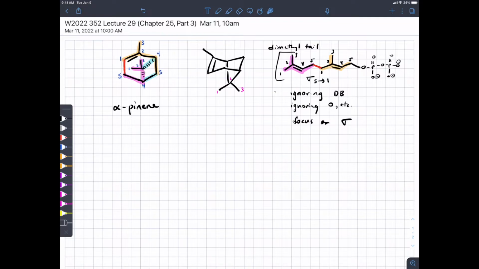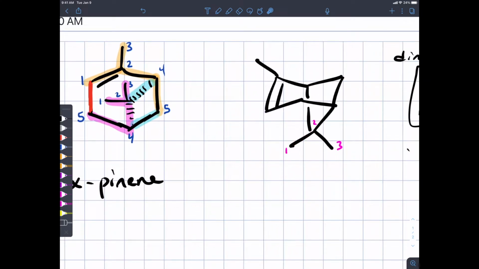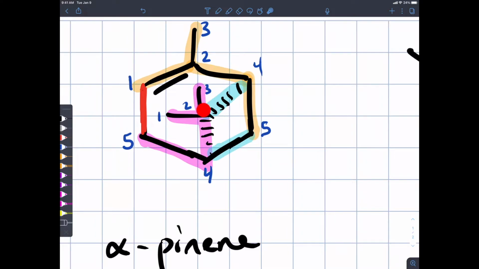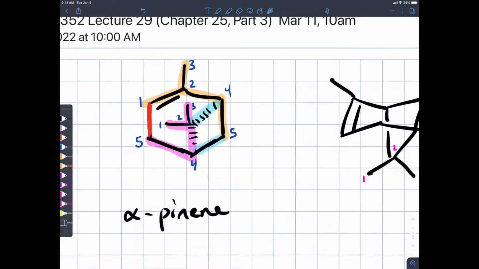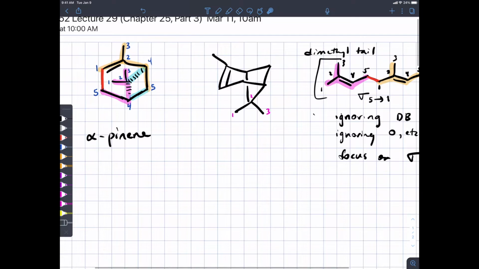Alright, I'm still confused on how you identified the one in the center as the first isoprene unit. I looked for a carbon that's bonded to 2 methyl groups, because my starting material has a carbon bonded to 2 methyl groups.